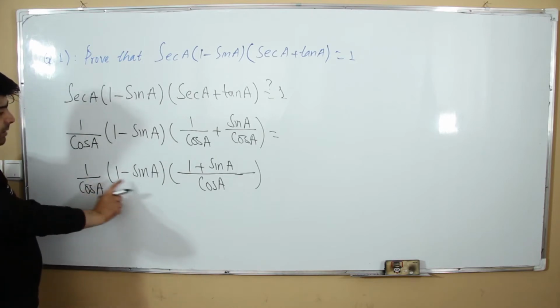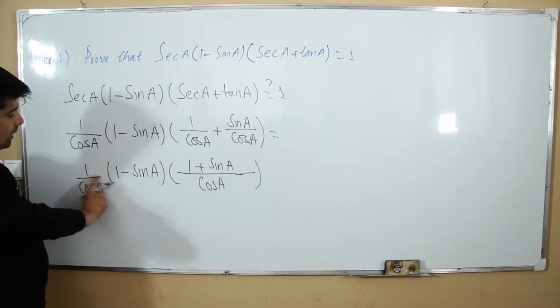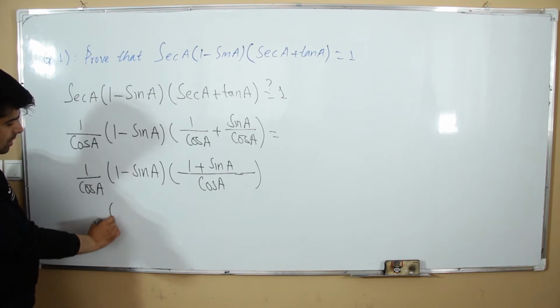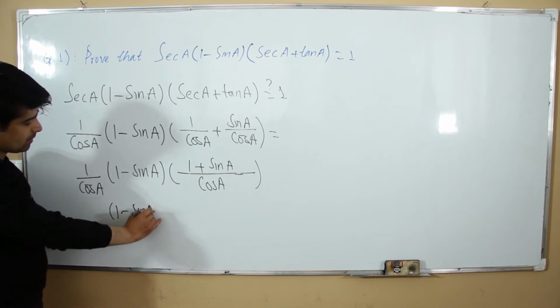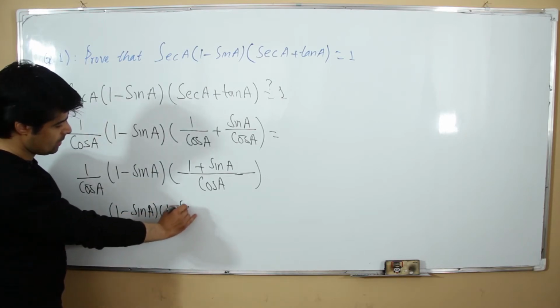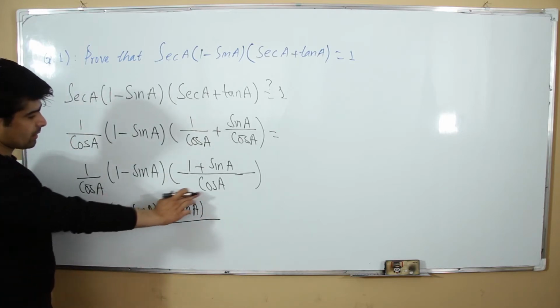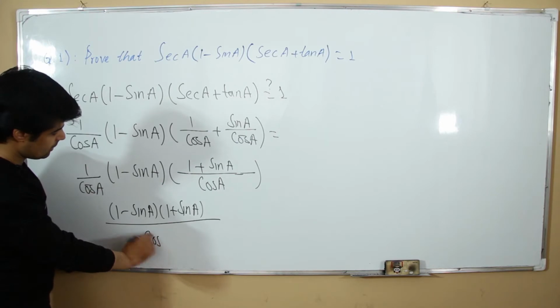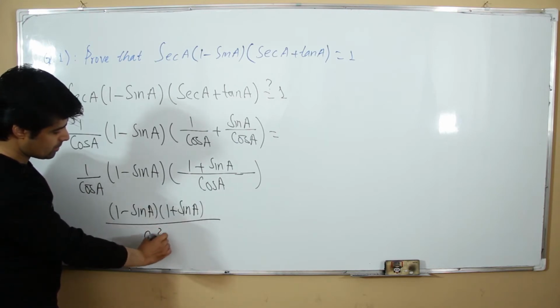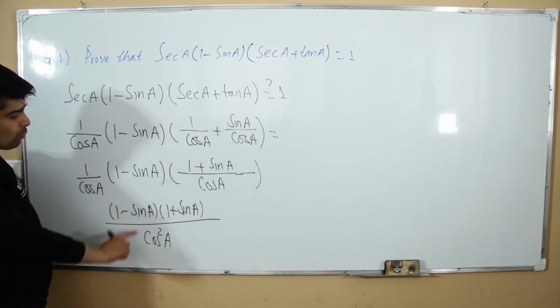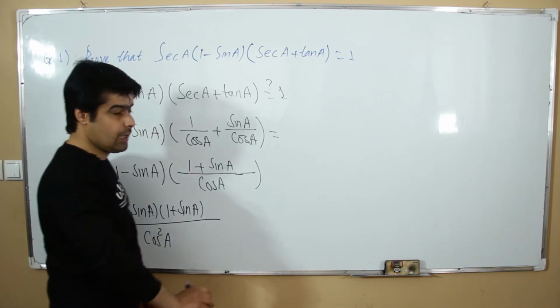Now, all of these brackets are in multiplication. So numerators should be multiplied. 1 times this one, times this one. I mean 1 minus sine A, 1 plus sine A. And in here cosine A times cosine A, it's cosine square A. 1 minus sine A, 1 plus sine A. What is this one?